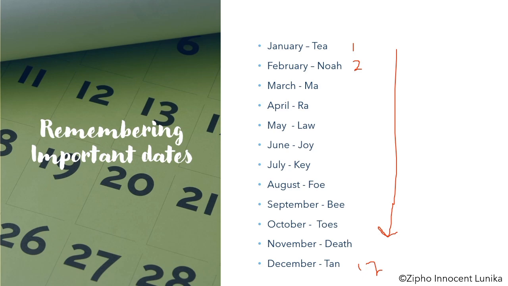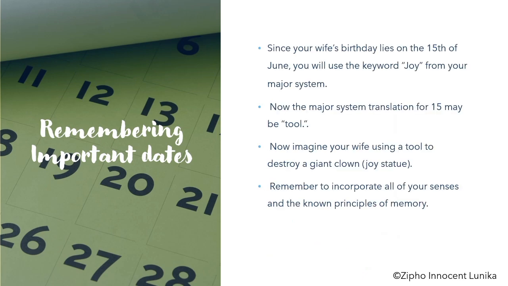Moving on, since your wife's birthday lies on the 15th of June, you may use the keyword joy for your major system. The major system translation for 15 may be tall. So 1, 5, tall. Now imagine your wife using a tool to destroy a giant clown statue. Joy, if you use joy for the clown statue, which is number 6.